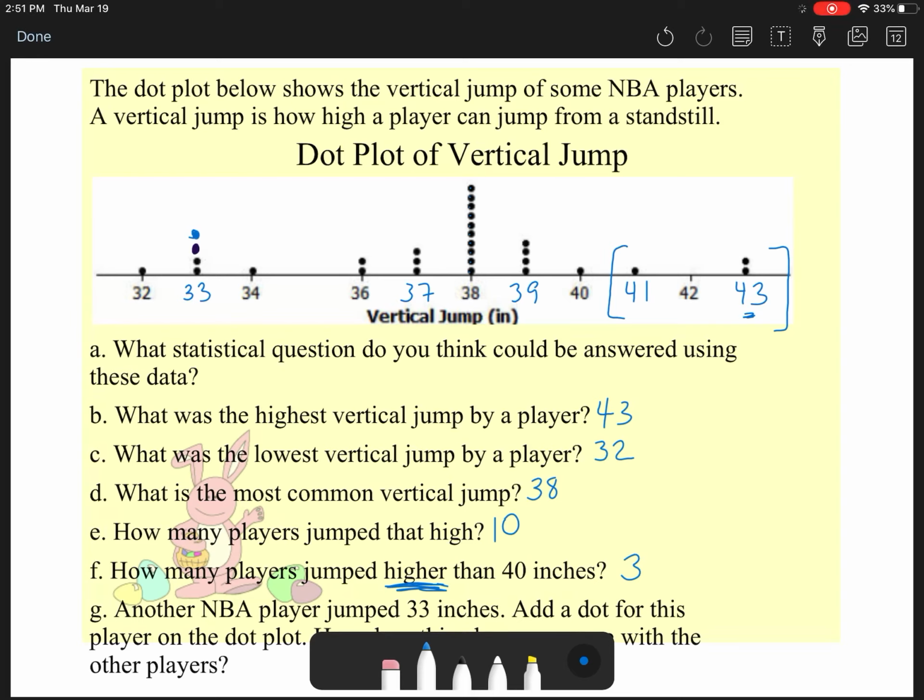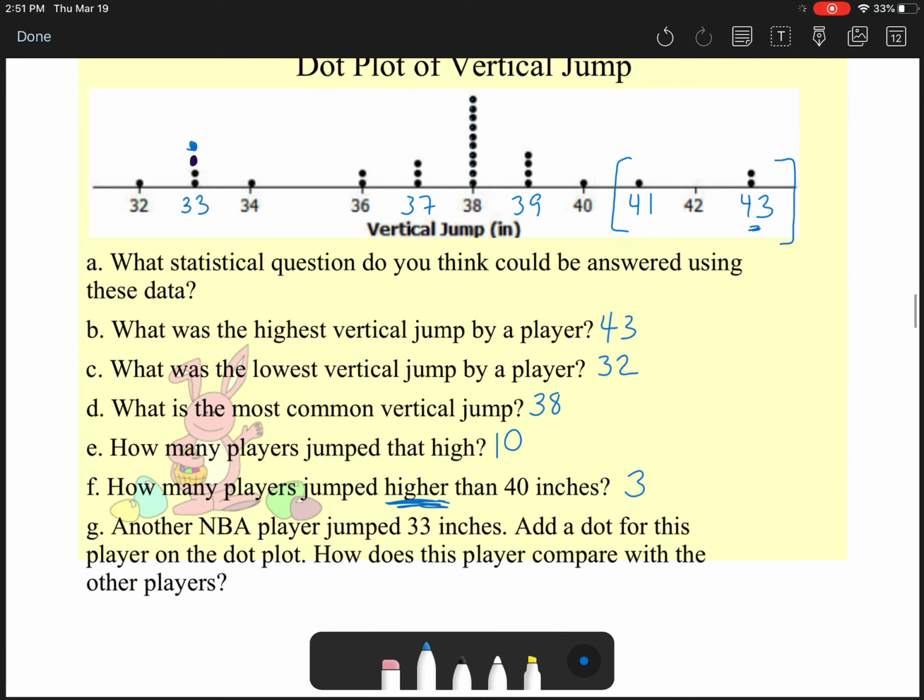Are they jumping higher than most of the players, or are they jumping lower than most of the players? In this case, they're on the lower end, so they jump lower than most of the other players.